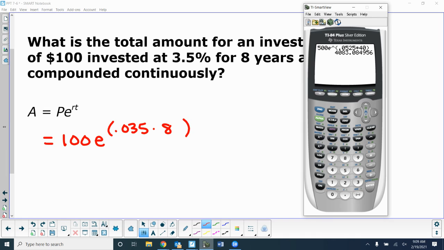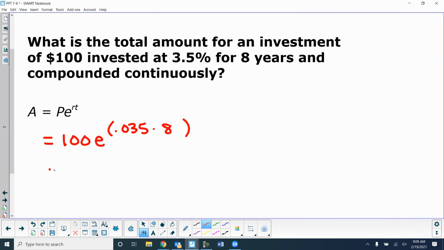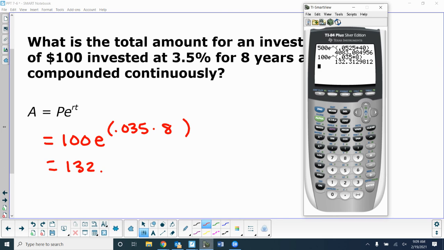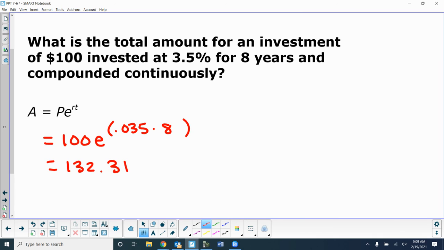So 100, second natural log, 0.035 times 8, and we get $132.31. So that's not that much after 8 years, is it? Always go to the hundredths, right? Percent.